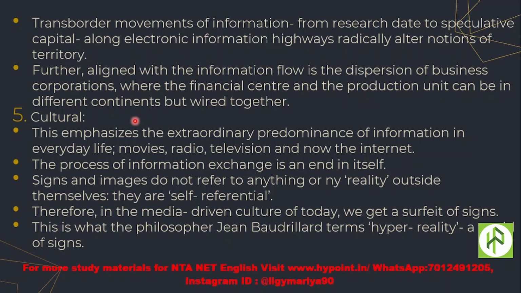We have also discussed this in the previous video. There are various industries that have factory plants of production in various third world countries, but the financial center will be their mother country.